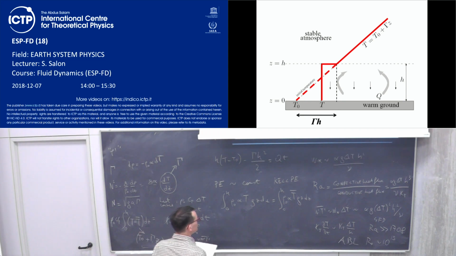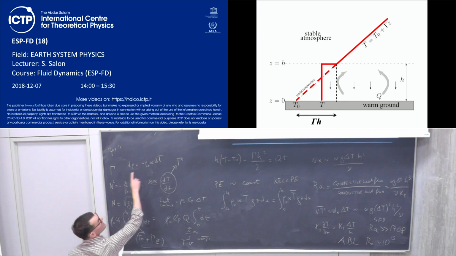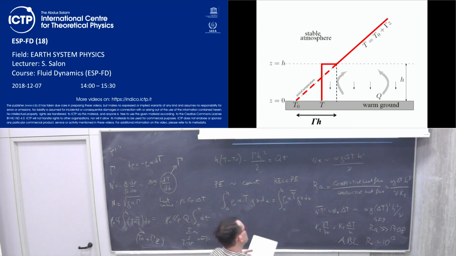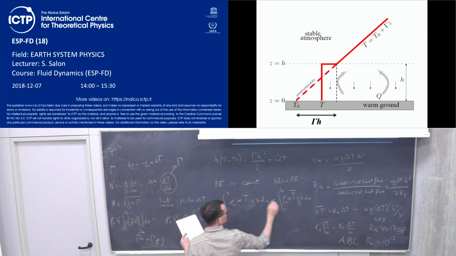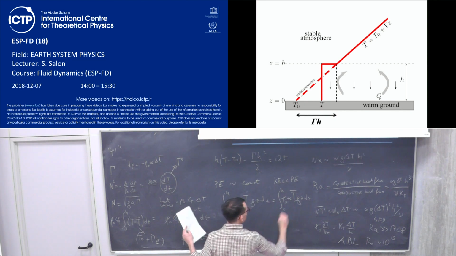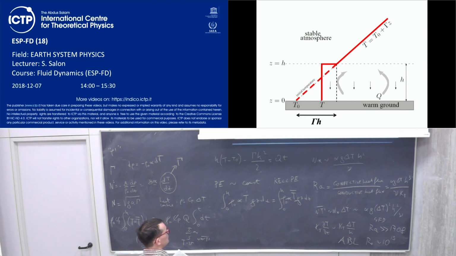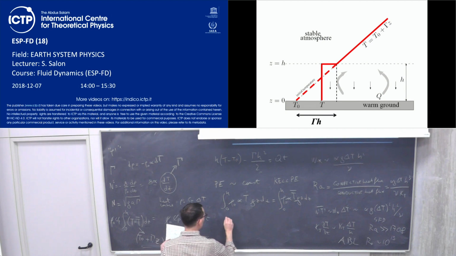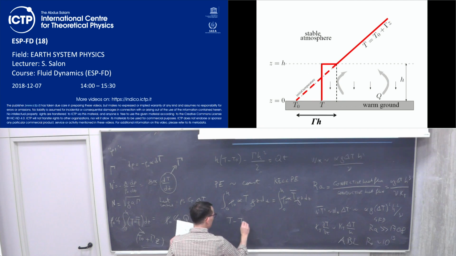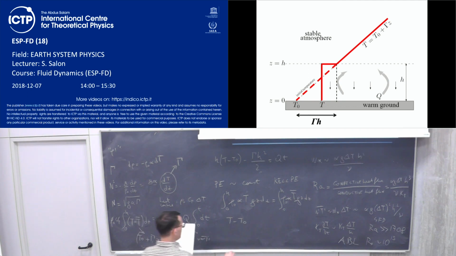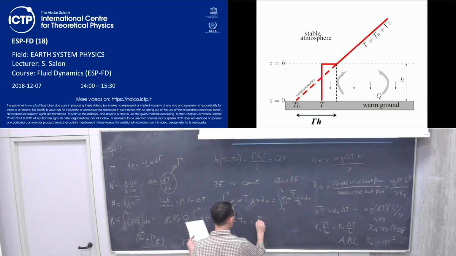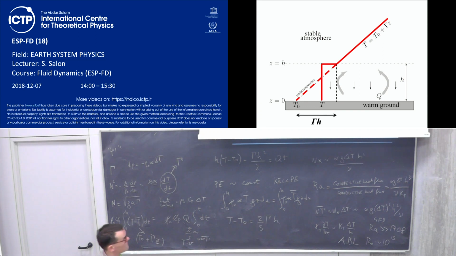So solving this, again considering T bar equal to T0 plus lambda z, and making all the possible computations, which again are very easy, what I obtain is that the difference between T and T0 is equal to 2/3 lambda h.